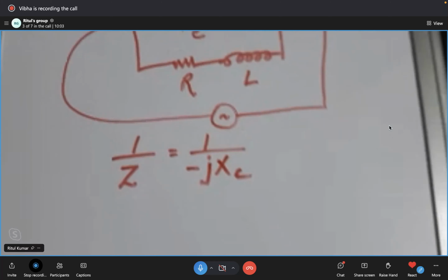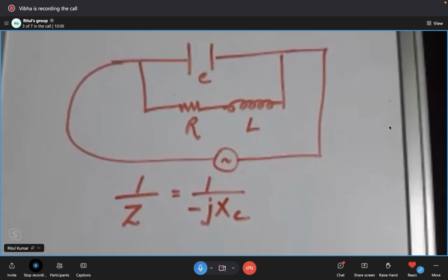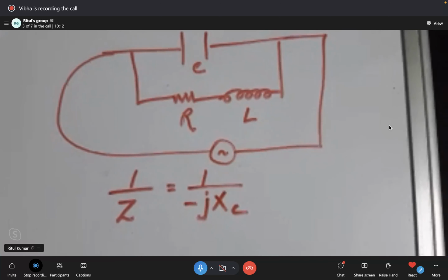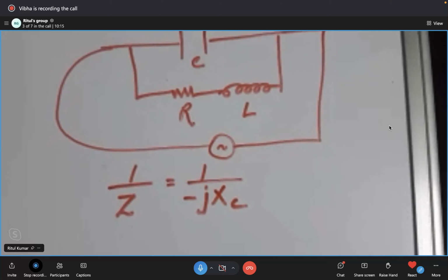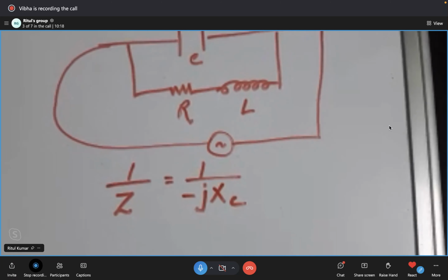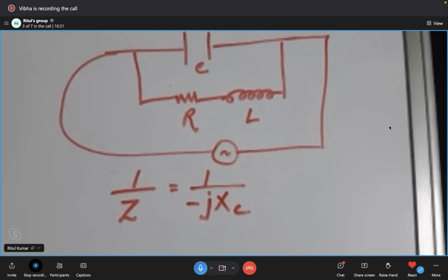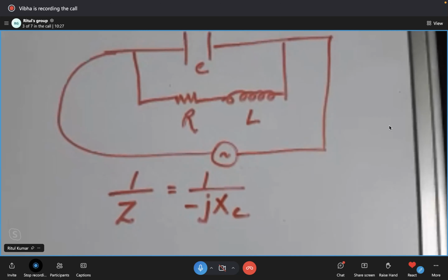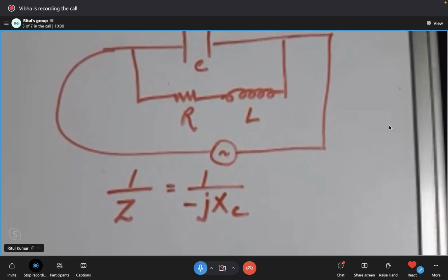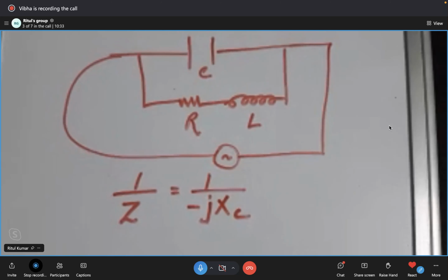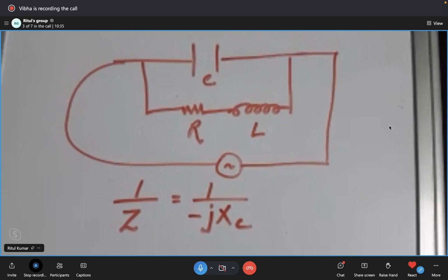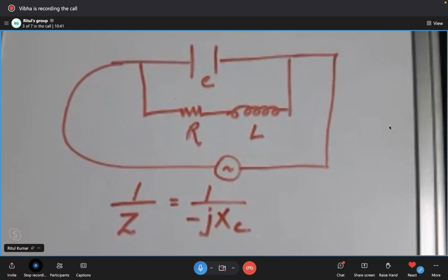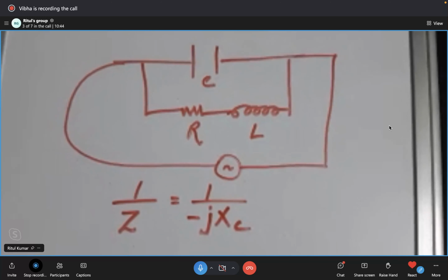Now, this is important to understand. XC is, we are aware of it, 1 by omega C. Why do we have that minus j sign here? That comes from complex numbers, which you must be aware of. If you are rotating it anti-clockwise, you multiply it with j. If you are rotating it clockwise, you multiply it with minus j. It comes from Euler's methodology: e raised to the power j pi by 2 means rotated anti-clockwise, and e raised to minus j pi by 2 means rotated clockwise.